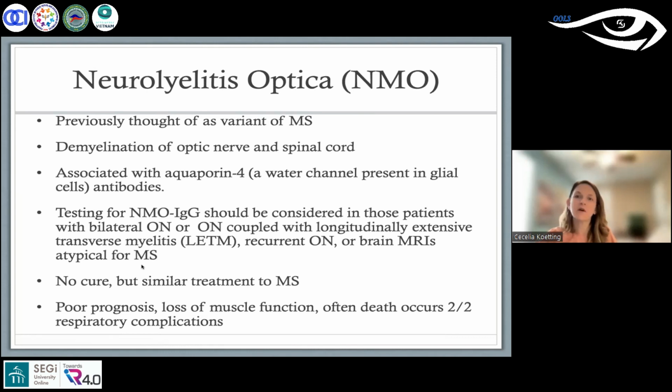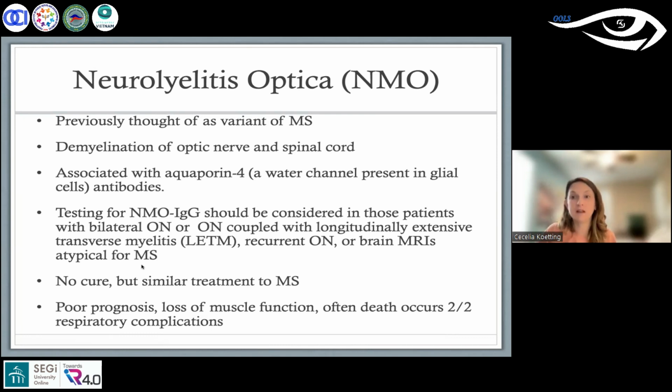Neuromyelitis optica, this is a whole other thing. We used to think that patients who had NMO, it actually was a variant of MS, and that led to mistreatment of these patients in such that we were giving them medication for MS, and we realized that actually that was making it worse.